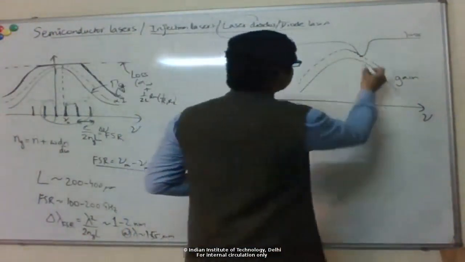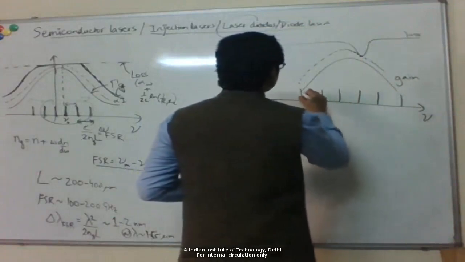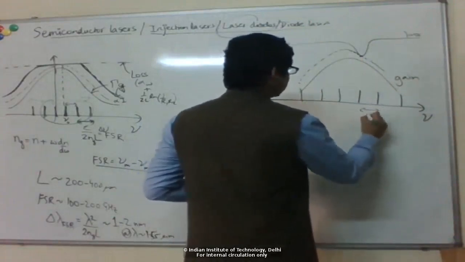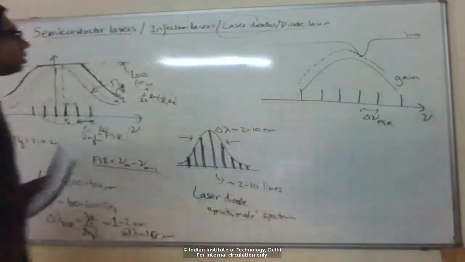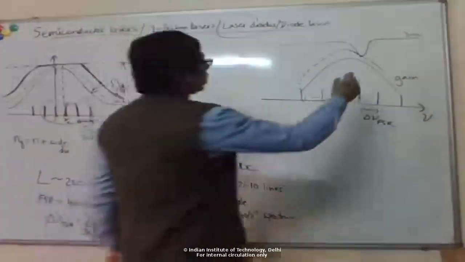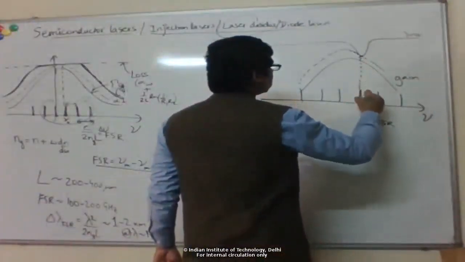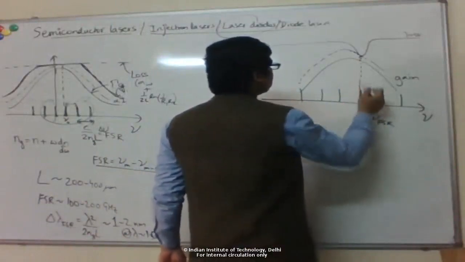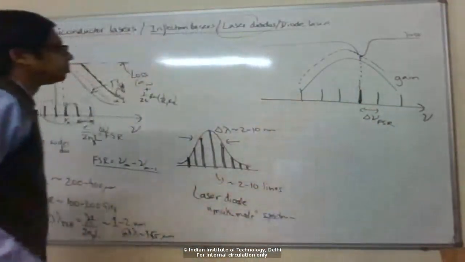Now if I plot my modes, they are like that. These are different modes, and this is the FSR. This particular mode, which is closest to the minimum loss point here, will achieve the threshold condition at the lowest current.